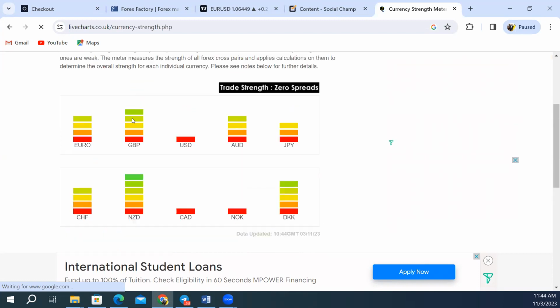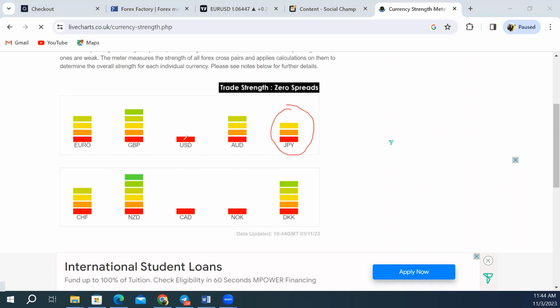So when the news is going to be released, if this favors the US dollars and you are trading it against GBP, for example, the amount of movement or the deviation will not be as massive as when you trade against the Japanese yen.